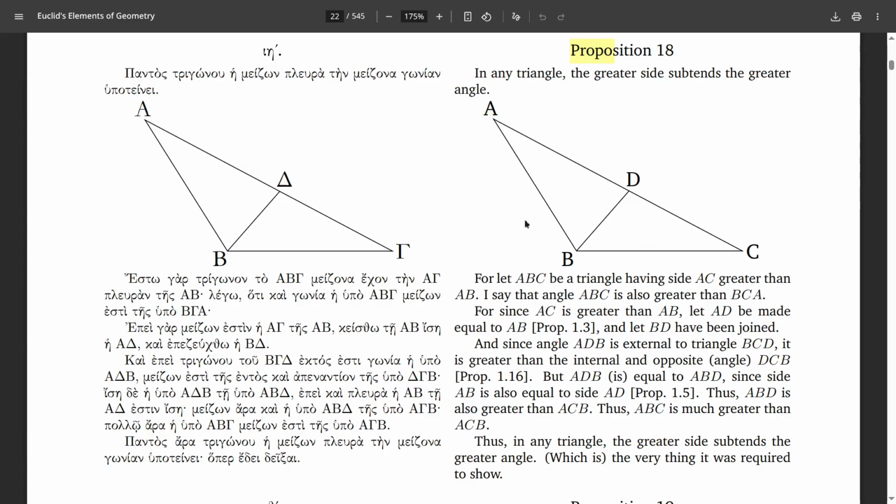So the greater side, I think, would be AC, right? That sounds to me like a greater side, and subtends the greater angle. And so I would say the greater angle would obviously be ABC. So I guess some connection BD would divide it in half, maybe?